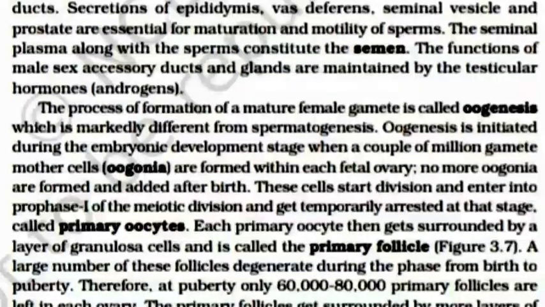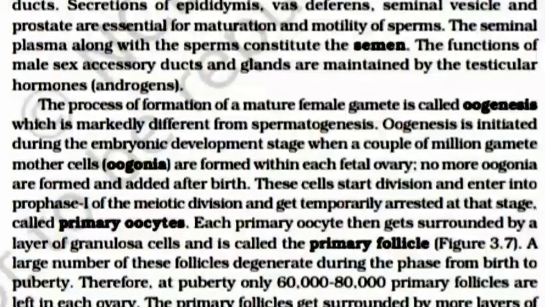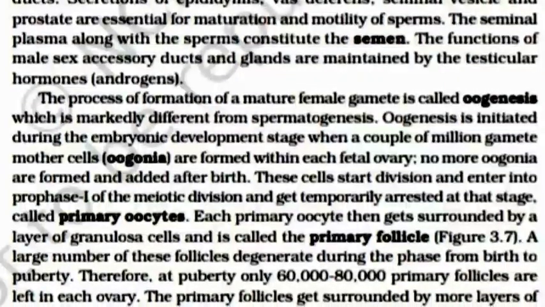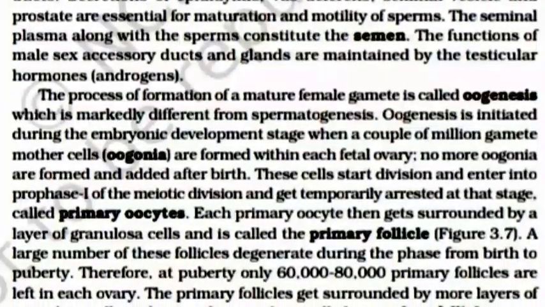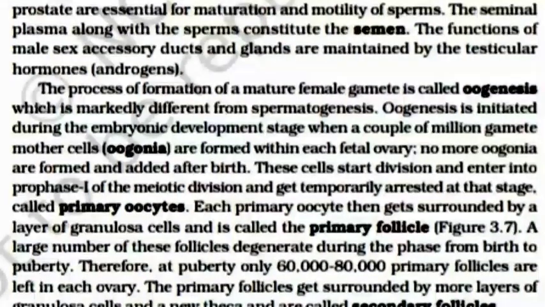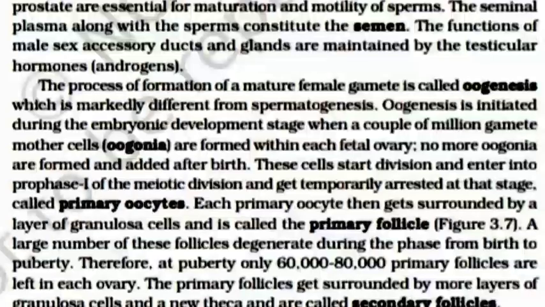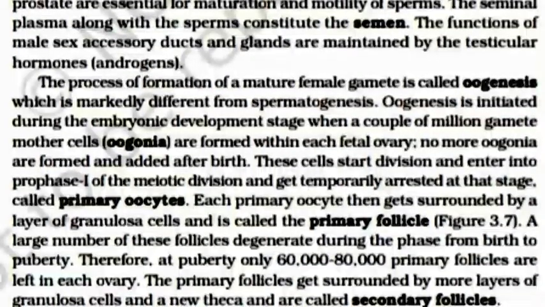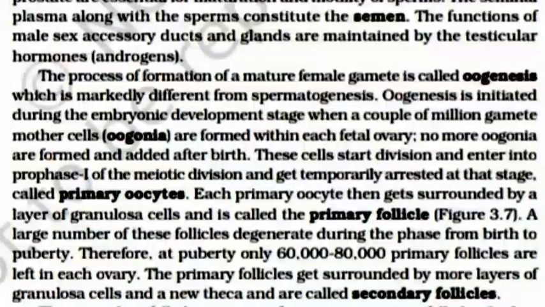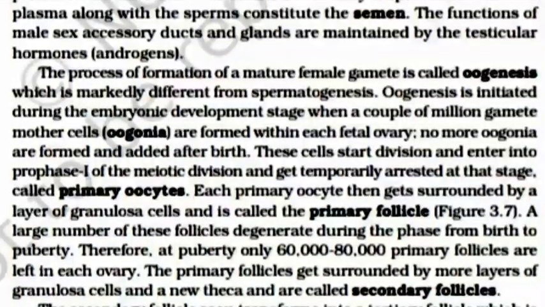The process of formation of a mature female gamete is called oogenesis, which is markedly different from spermatogenesis. Oogenesis is initiated during the embryonic development stage when a couple of million gamete mother cells, oogonia, are formed within each fetal ovary.